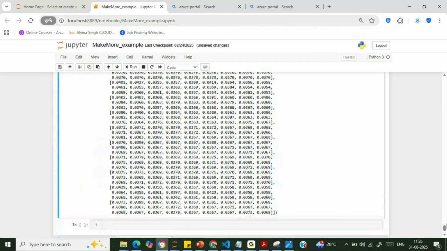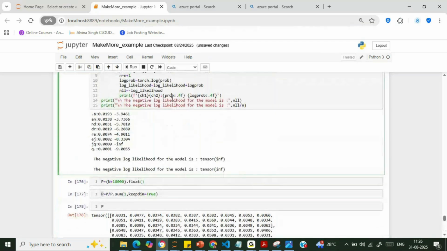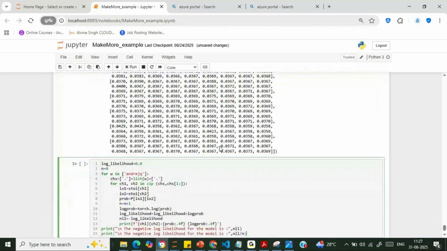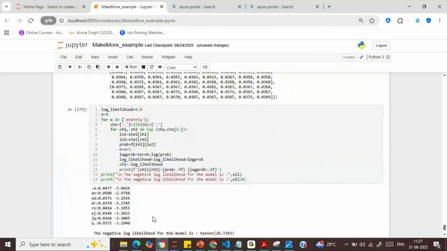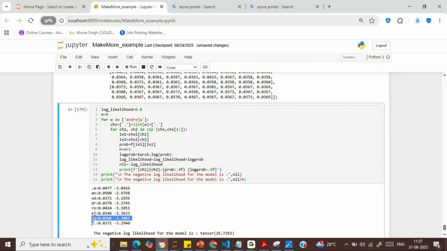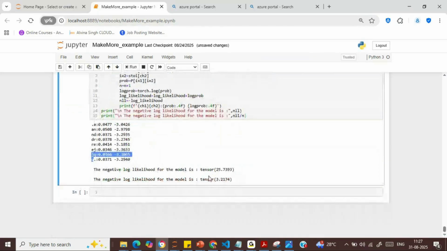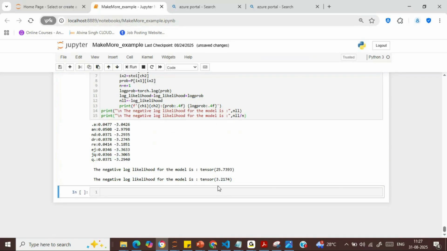Now I will perform the execution once again for this piece of code, and at this moment I will be able to see that JQ has this particular outcome, and the model has a little bit better performance as well.